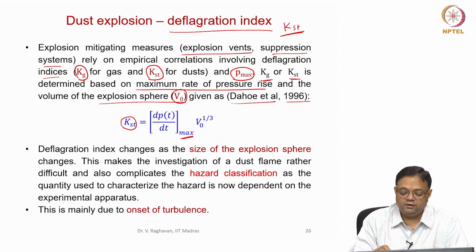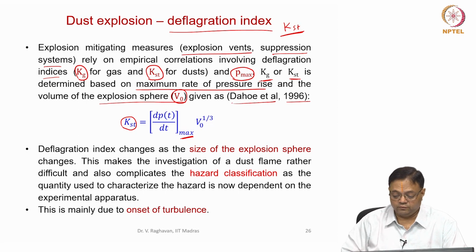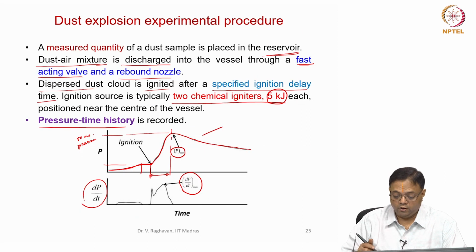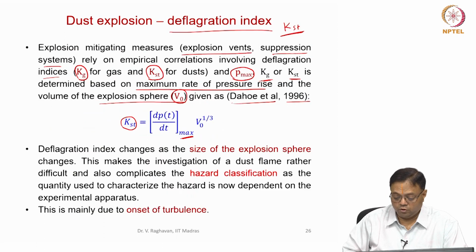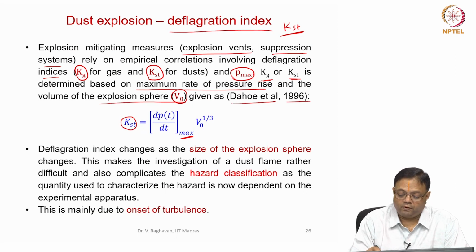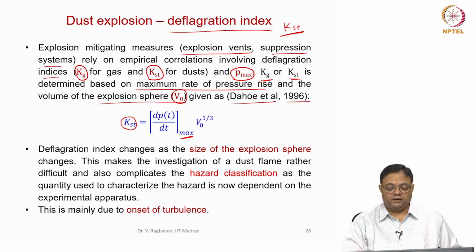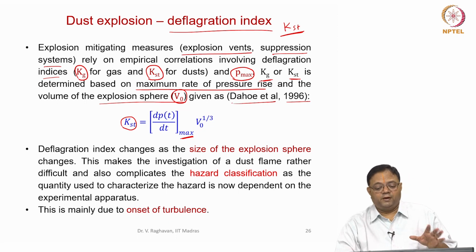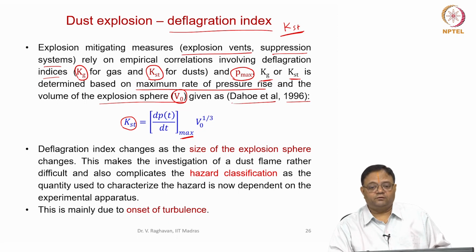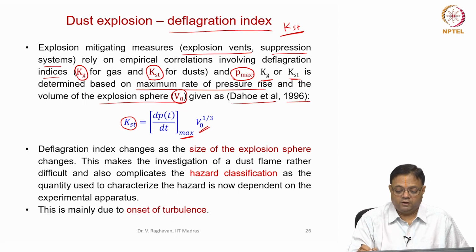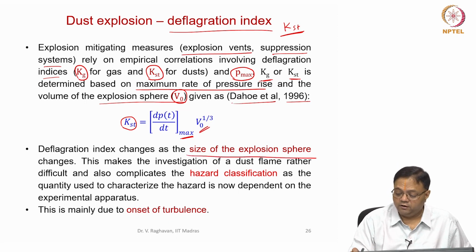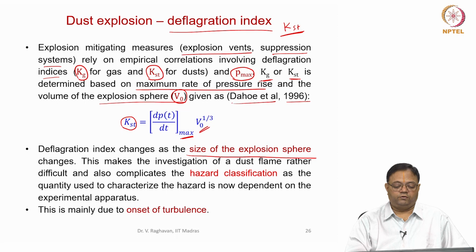So KST is dP by dt maximum, this value, into volume to the power 1 by 3, that is given as the deflagration index. So obviously the deflagration index involves the volume of the explosion sphere itself. That means the size of the explosion sphere will affect the value of the deflagration index.